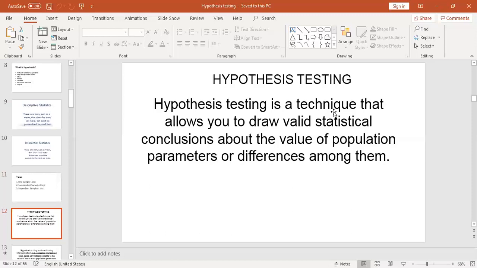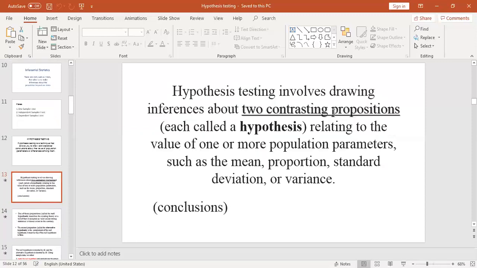If it is a two sample t-test, we base it on differences. So that's what we do in hypothesis testing.